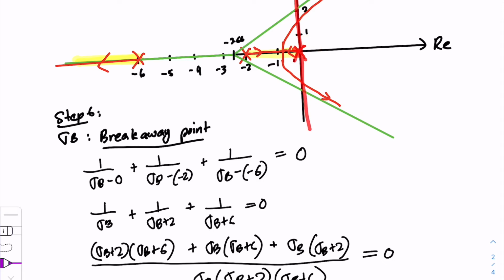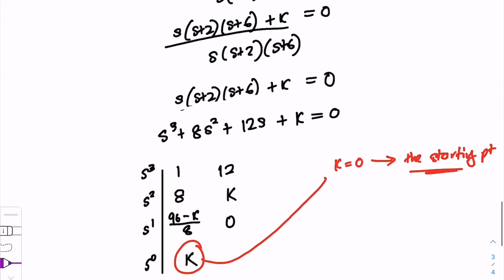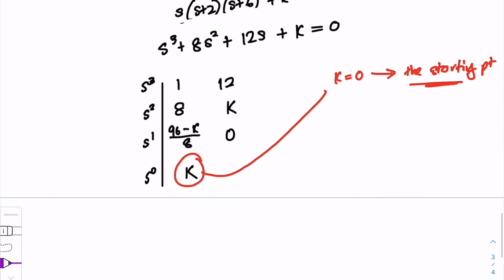That is also on the imaginary axis, so your poles must reflect this value of k equals 0. The second element comes from 96 minus k divided by 8. So if I look at this, 96 minus k divided by 8, k is equal to 96, because 8 multiplied by 0 is 0. So k is equal to 96.